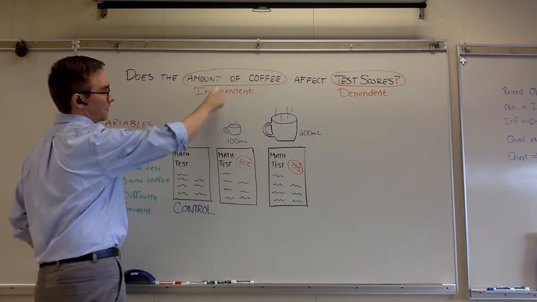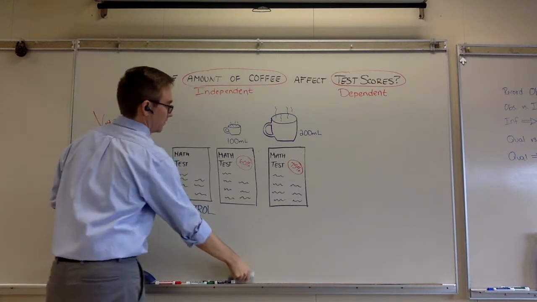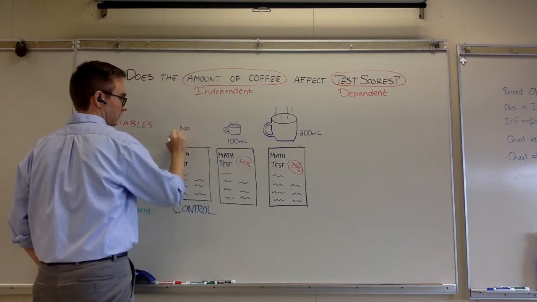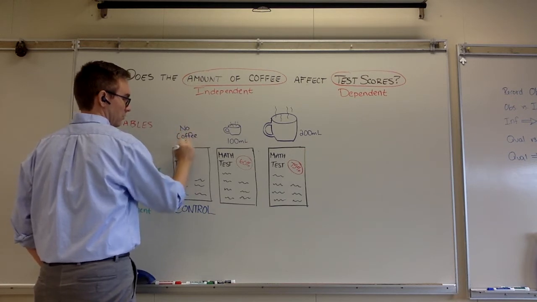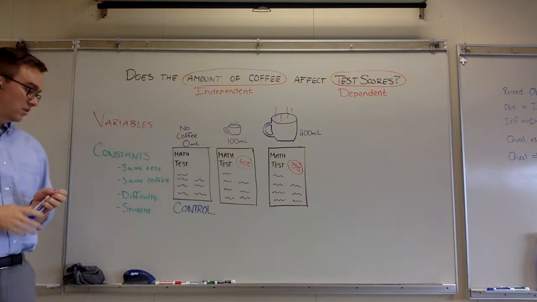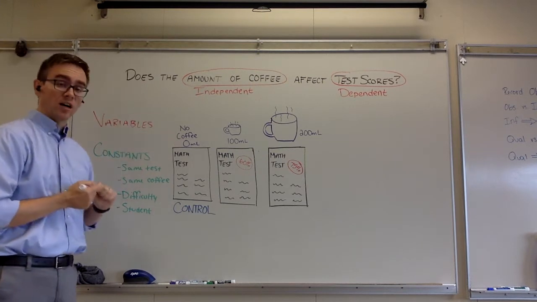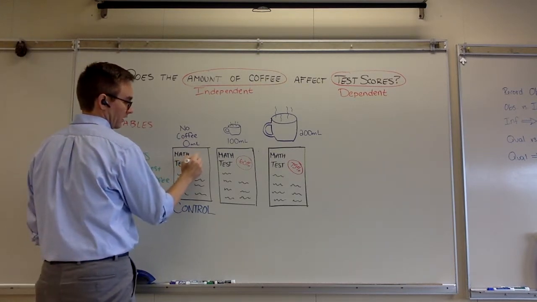The independent variable is the amount of coffee. Having no independent variable would mean that this group here has no coffee, or 0 milliliters of coffee. If that student takes the test at that time with no coffee, and they score an 85%.